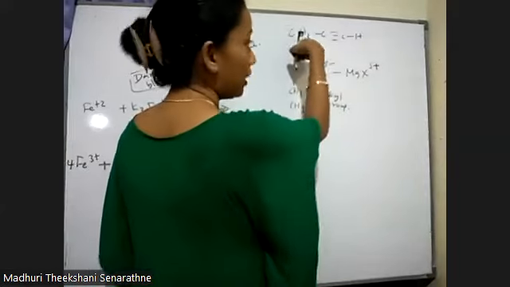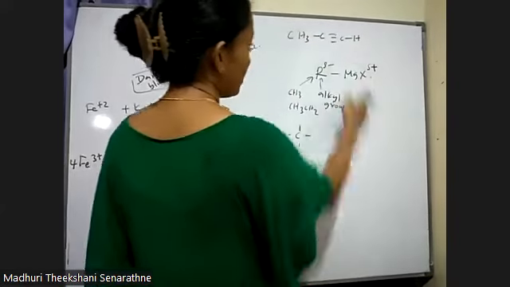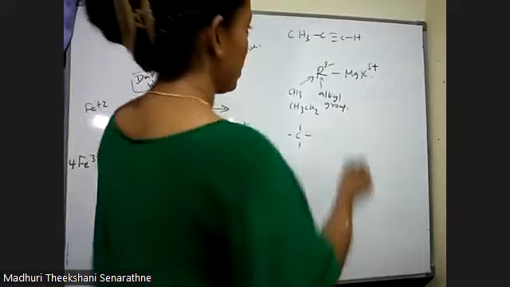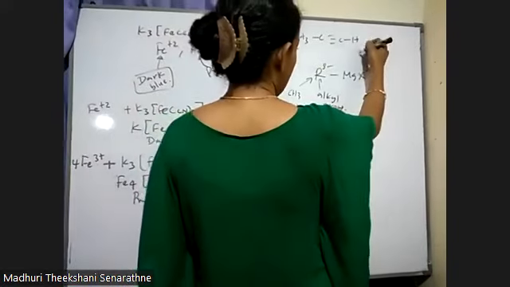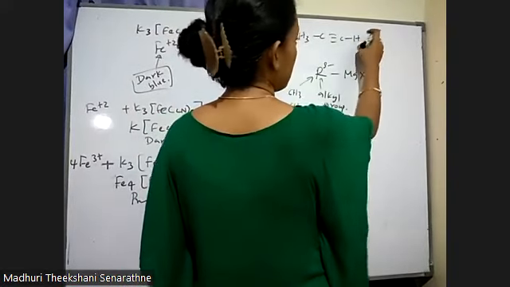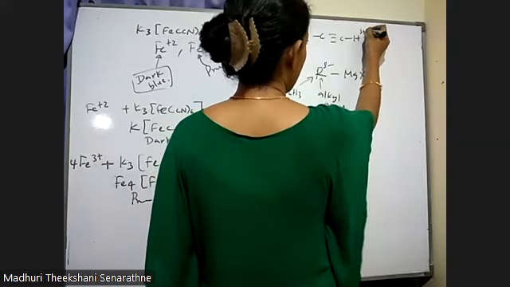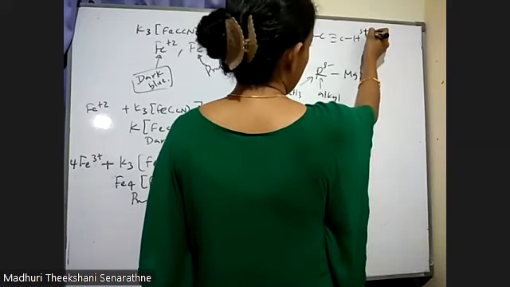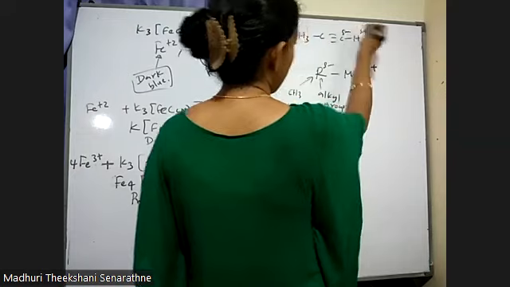In terminal alkynes, due to the acidic nature of the terminal hydrogen, it is polarized as H delta plus and C delta minus.